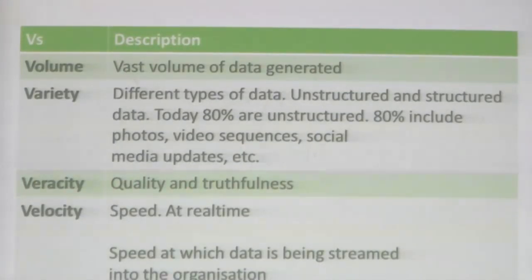Variety: different types of data, unstructured, structured and also semi-structured data. Today 80% is unstructured. As I said earlier, 80% of the data in today's world is unstructured, including photos, videos, sequences, social media updates and so many things.